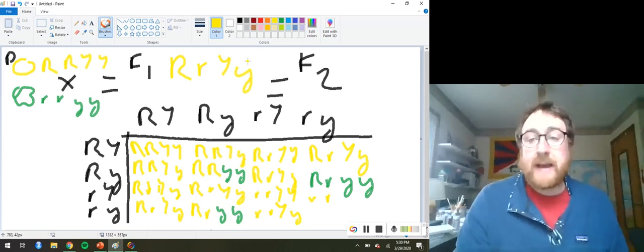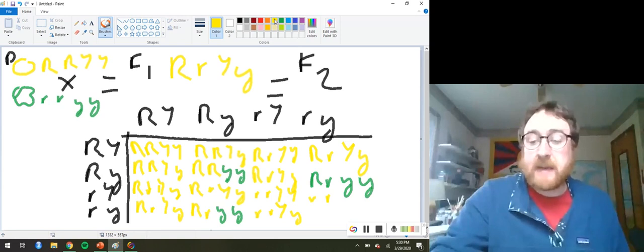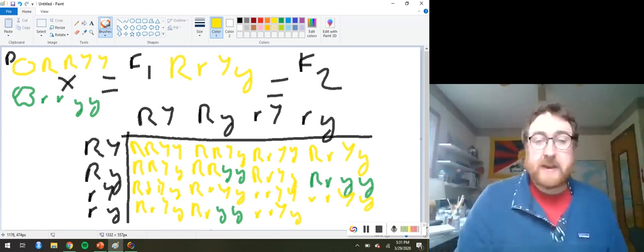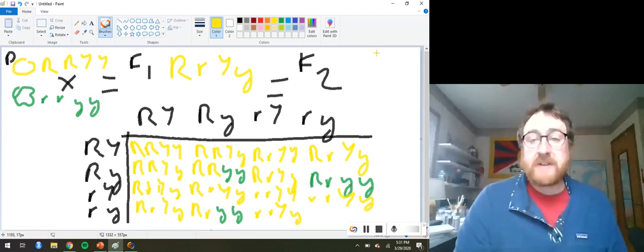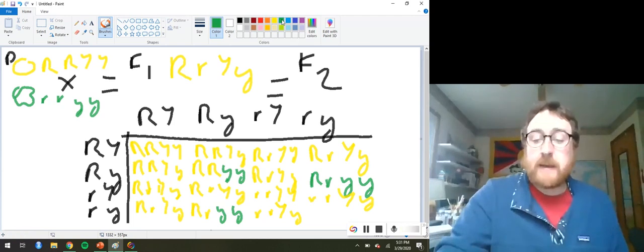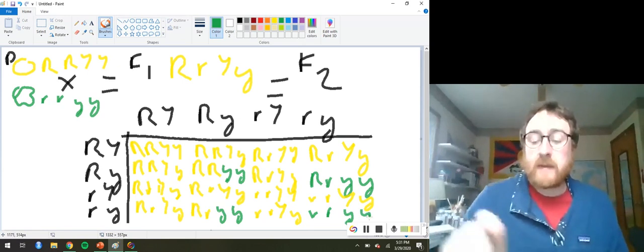But we have one big Y, so it's going to keep it as being yellow. And then our very last one down here is all recessive traits, so it's wrinkly and it's green.